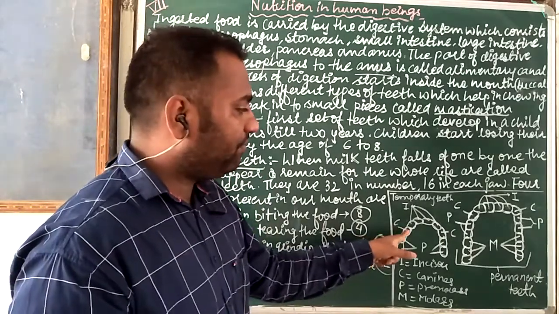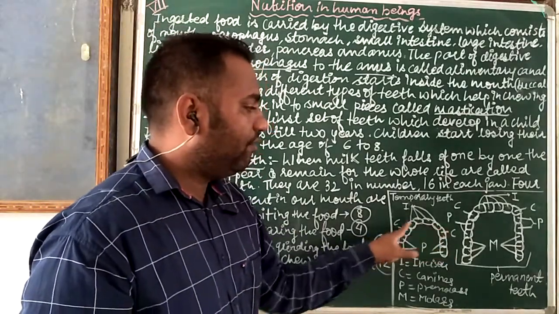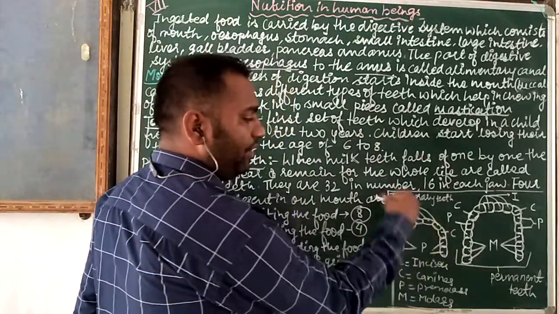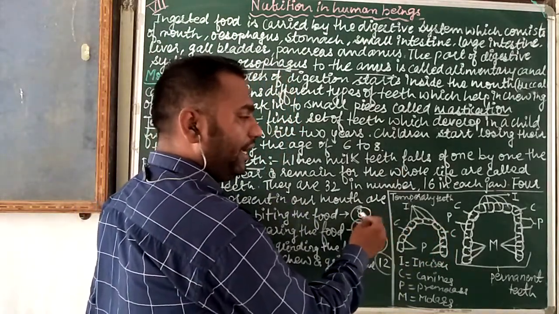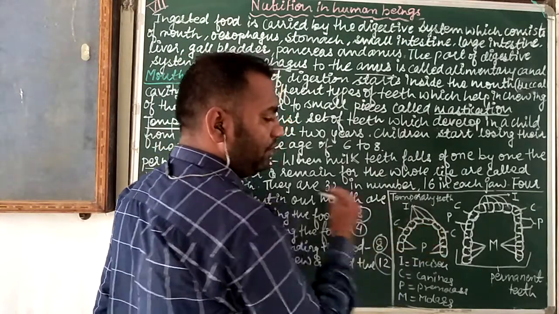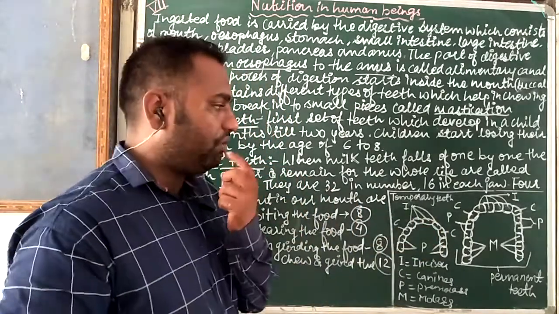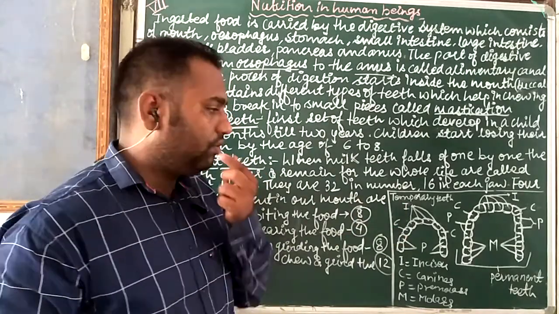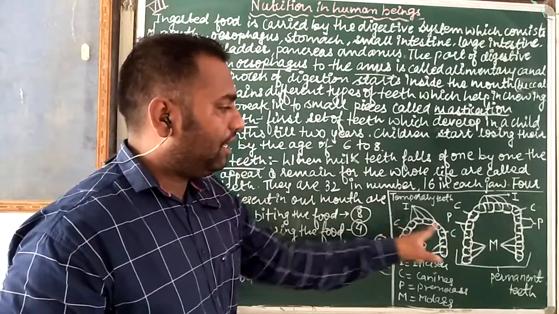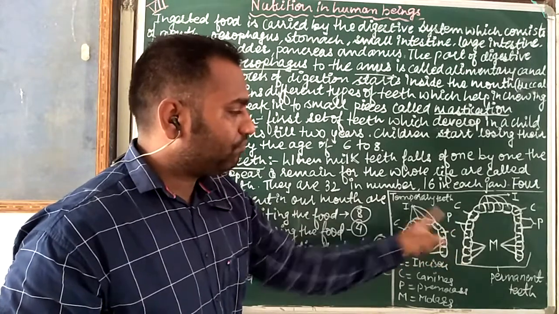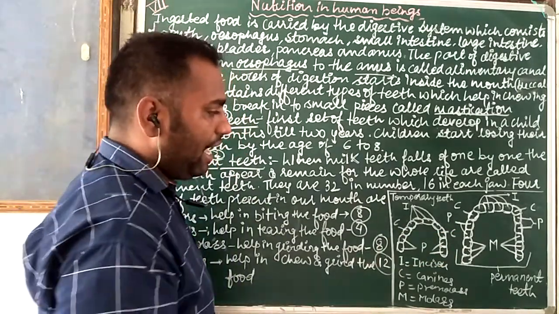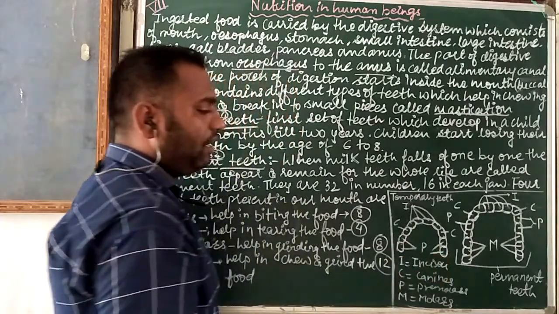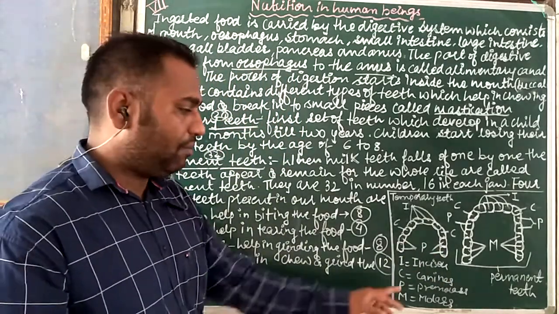These 4 in each jaw, when doubled, will be 8. Then 1 2 on each side are known as canines. And after that, the last 2 on each side are known as premolars.